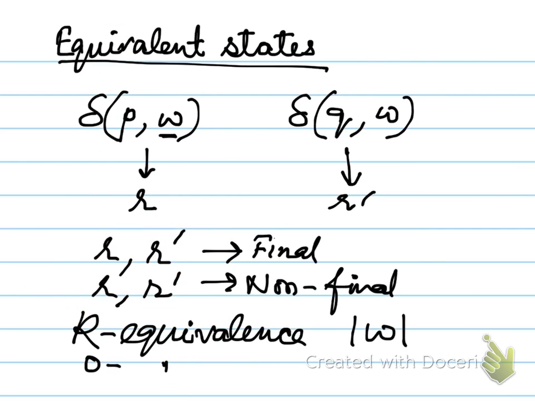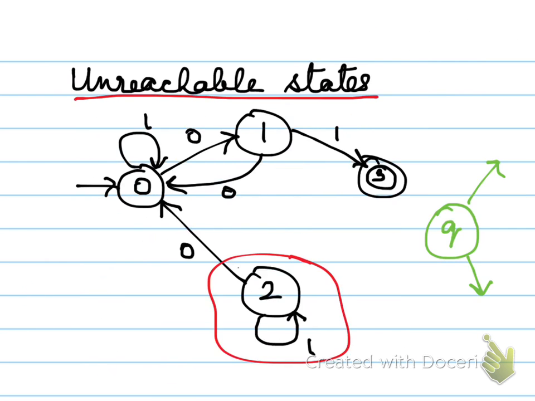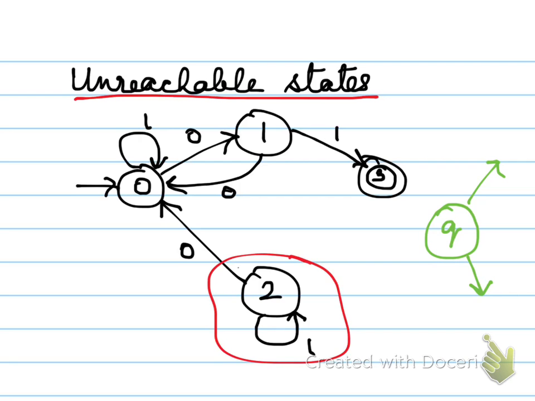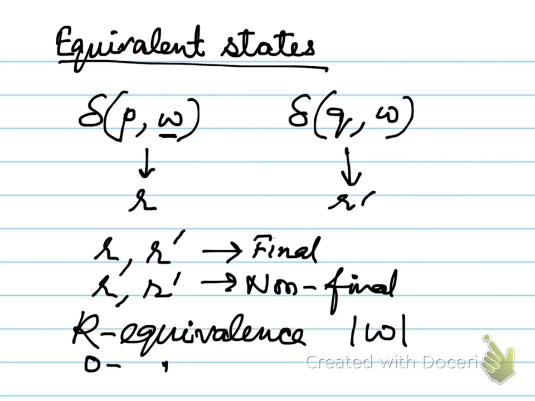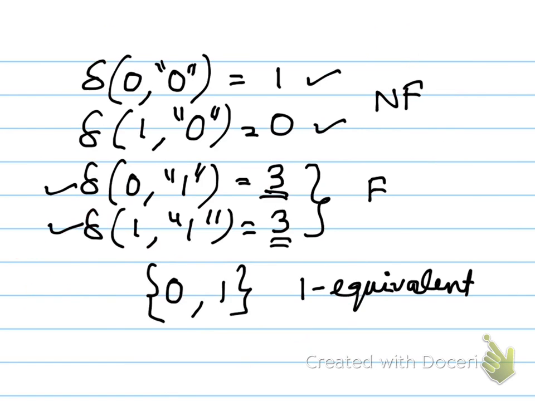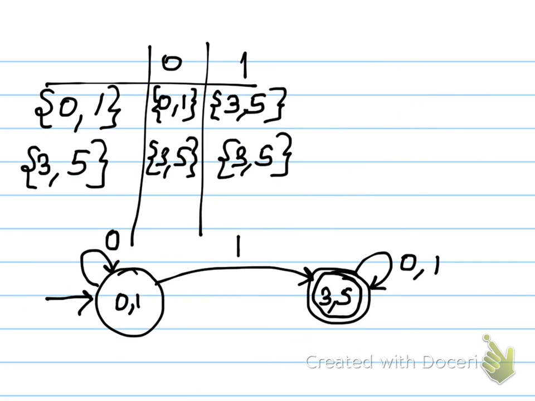We started off with 6 states, and then we reduced it to 2 states. So this is one way of minimizing a DFA, the equivalence method.